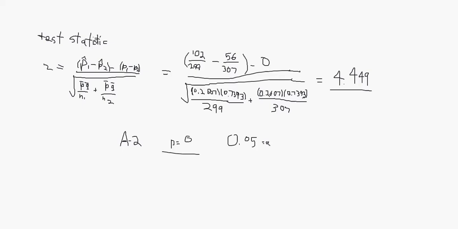So we can safely say now that there is a difference between whether the drug is more addictive or not, because we rejected the null hypothesis, which stated that P1 equals P2.